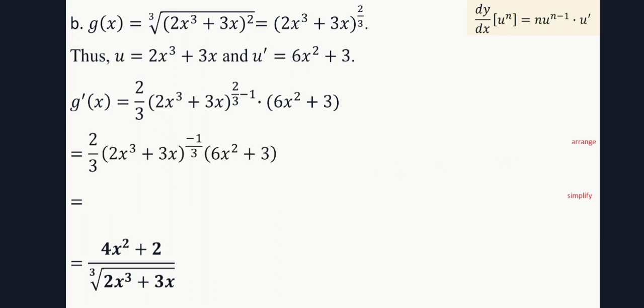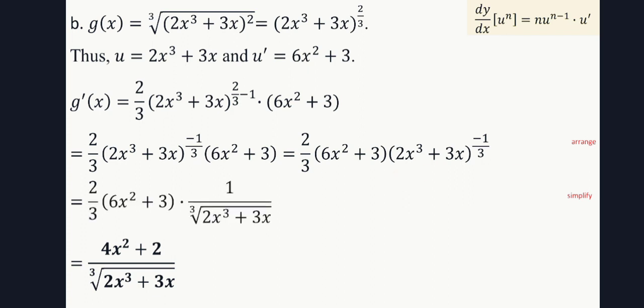Then simplify further. So we get, okay, so ito, simplify yung exponent. So 2 cubed minus 1 is negative 1 cubed. Simplify further. Pagsamahin yung 2 cubed at saka yung nasa dulong parentheses, that is 2 cubed times 6x squared plus 3. Then copy your remaining function. Simplify further.